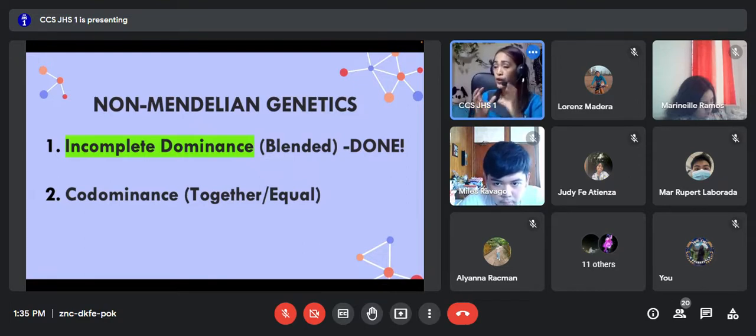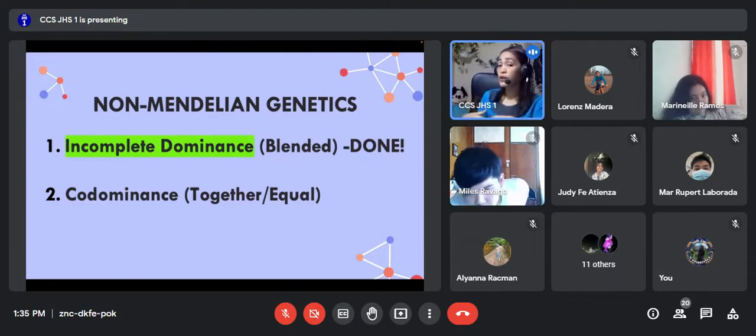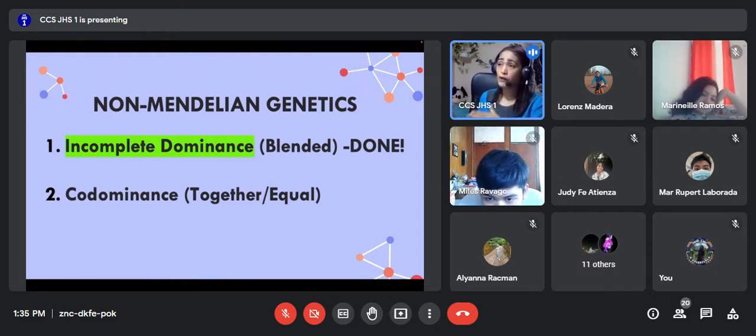Take note of the prefix co. Examples: co-worker, co-teacher, co-founder. The prefix co means there's a sense of being together or working together, just like co-worker, co-teacher, meaning you are teachers from the same institution.